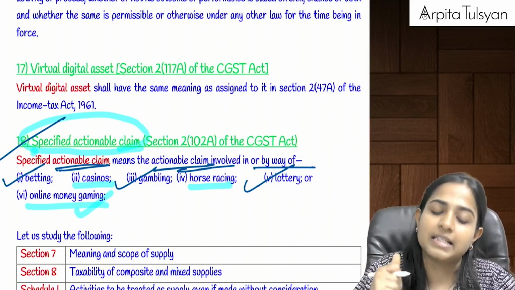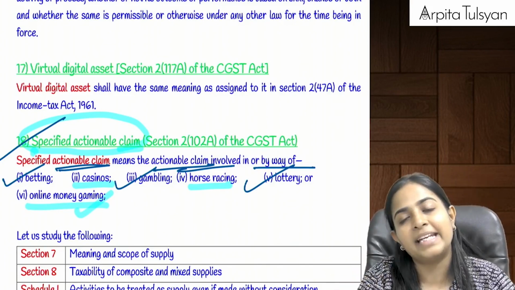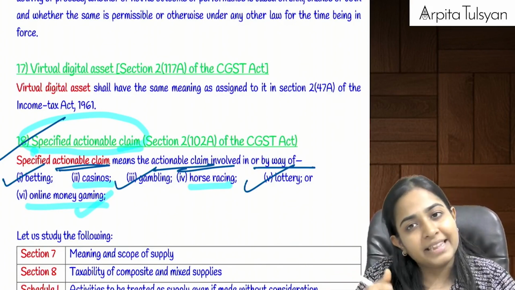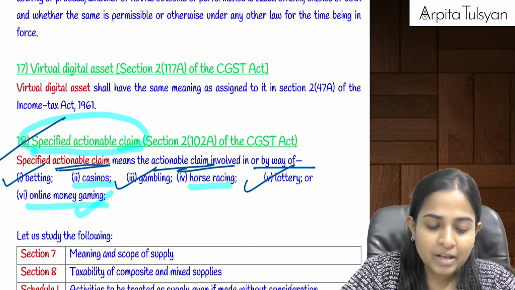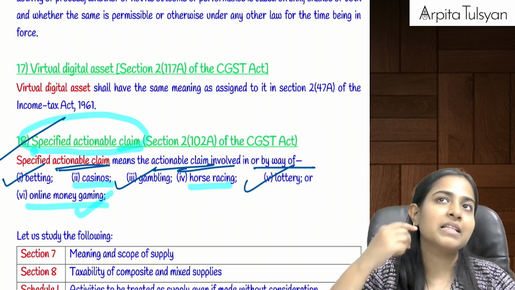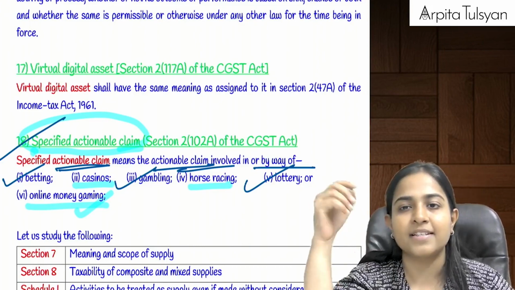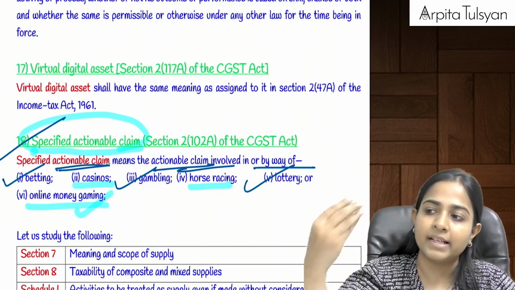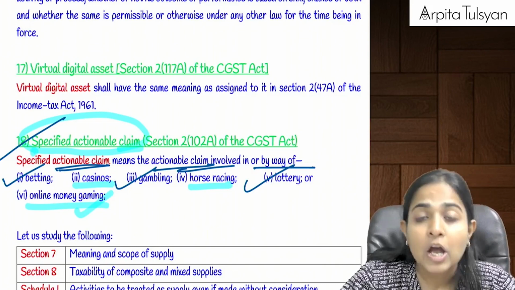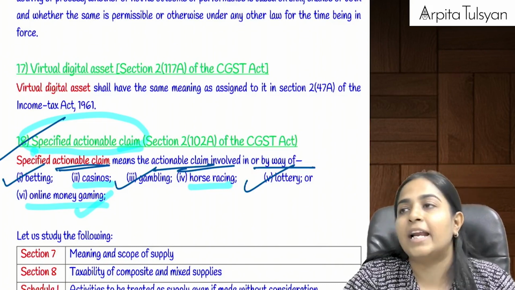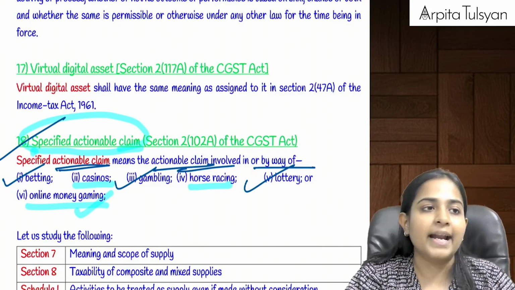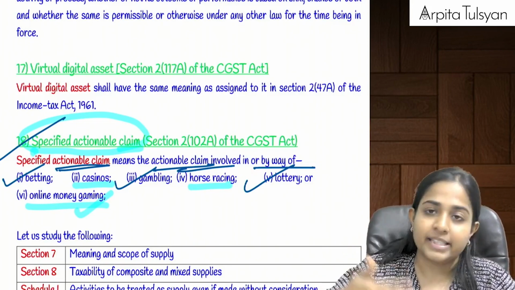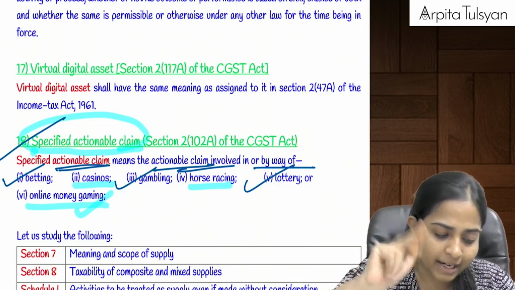Even casinos, horse racing and online money gaming have been brought under the purview of GST. So if someone is providing the services of casino, horse racing, or online gaming including online money gaming, then that will now be covered under the purview of GST. We have amendments relating to that, don't worry.